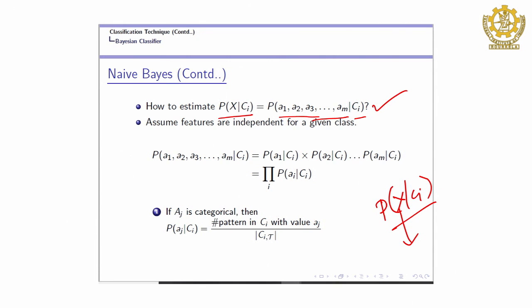We are going slowly. Initially it was the probability of omega 1, or let us say class C1 or Ci, given X, and from here we said there is no need to compute the denominator. So, we will concentrate only on the probability of X given Ci into the probability of Ci.